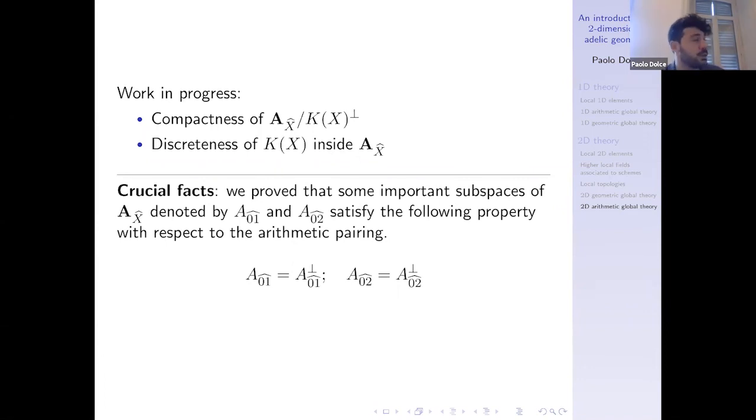So this is a very important property, because self-orthogonality of these spaces is a stronger version of the reciprocity laws on surfaces. So the reciprocity law on surfaces tells that when you fix a point and you vary the curves passing through this point, the sum of residues is 0. Or when you take a curve and you vary the points along this curve, again the sum of residues is 0.